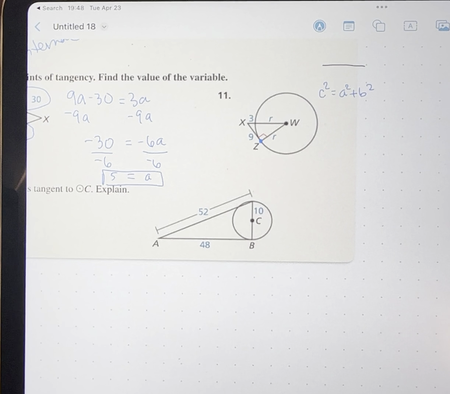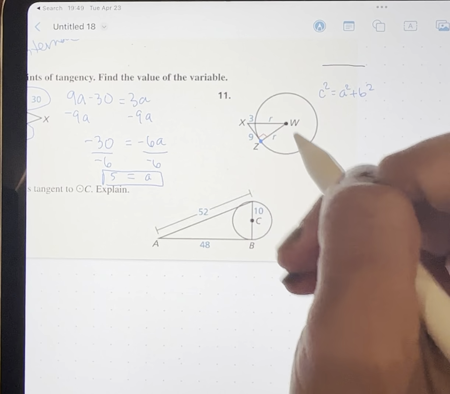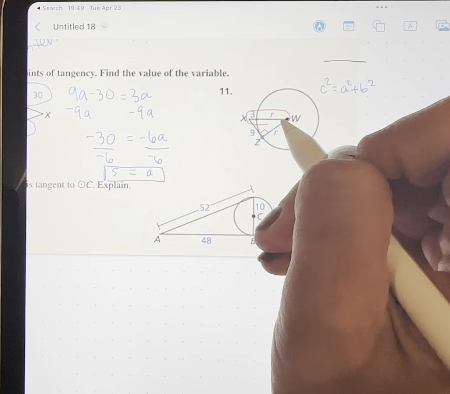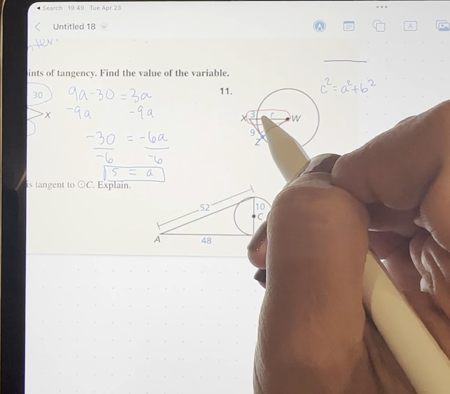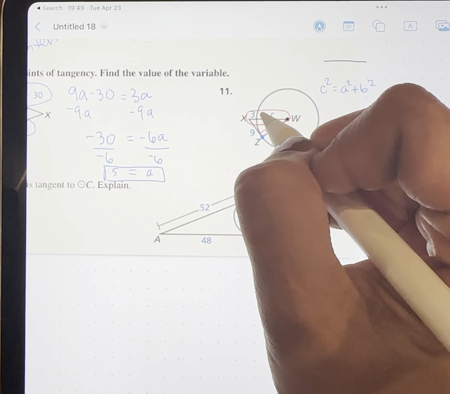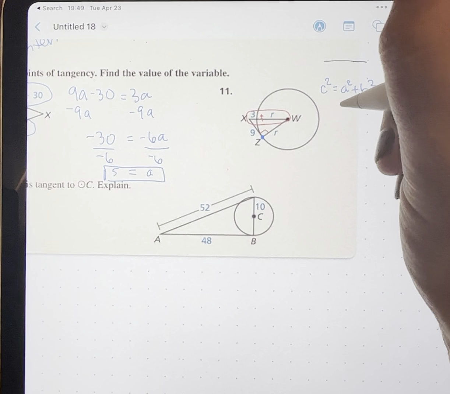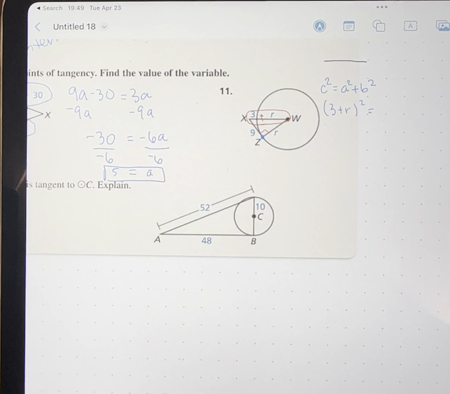I still want you guys to identify the hypotenuse. So across the right angle, look how confusing this triangle looks. Across the right angle, we've got our hypotenuse. And it's 3 plus r. So (3 plus r) squared equals 9 squared plus r squared.